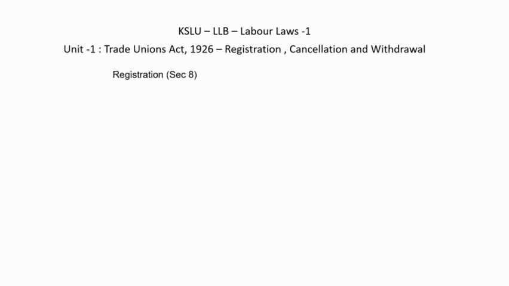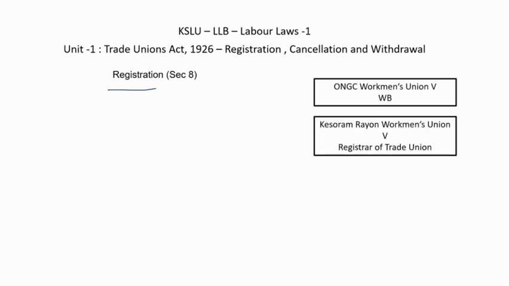Okay, moving to the next section, which talks about registration. This is the final step where the registrar is going to review the entire document and provide the registration certificate. The important case law in this section related to registration is Keshoram Rayan Workman Union versus Registrar of Trade Union, where it was clearly held that if all the details furnished by the trade union are as per the Trade Union Act, then the registrar doesn't have any right to reject the application.